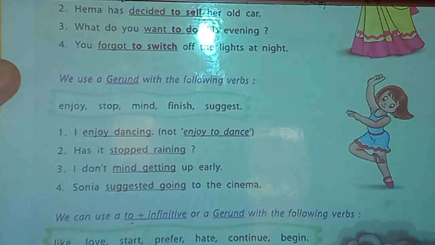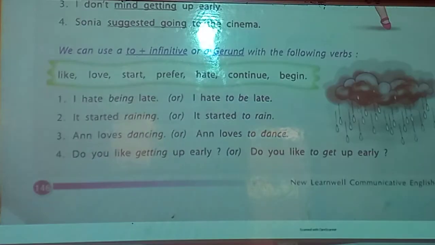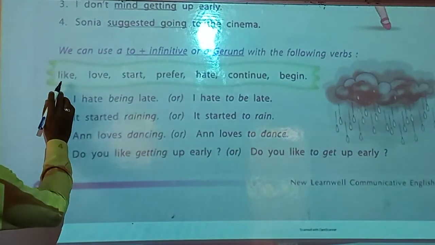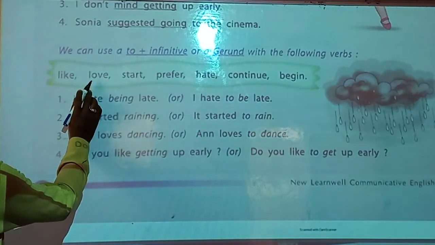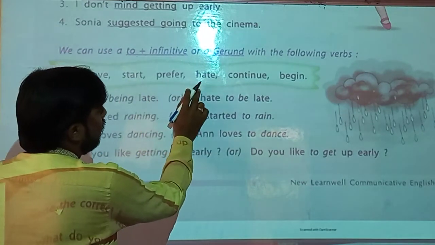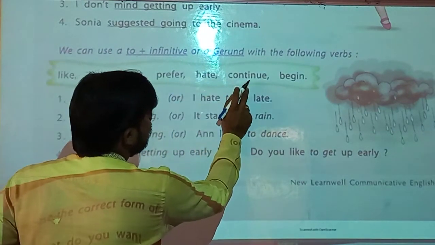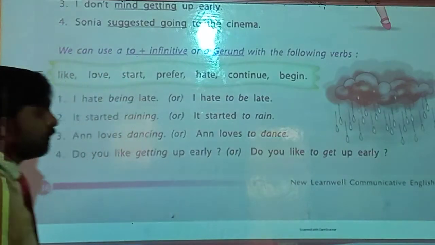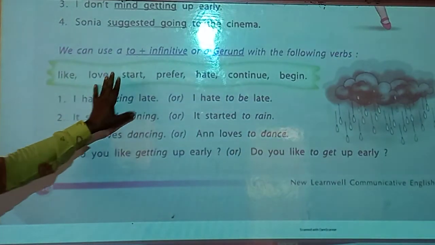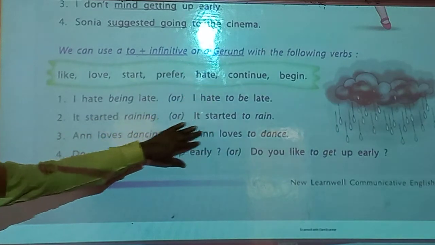Words are given downside, so there we can use this. So let's see. Words are given like love, start, prefer, hate, continue and begin. So here we can use both infinitive form also and gerund form also.